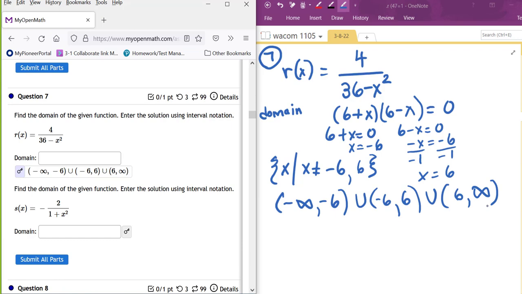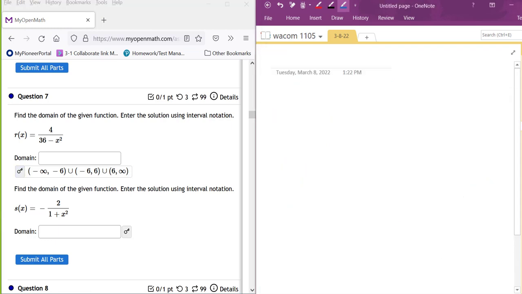And the other problem, I'll have to do a new screen. I wanted it all together, but it's not going to fit. So same kind of question. And remember, when we start with domain, we start with the set of real numbers and then throw out things.